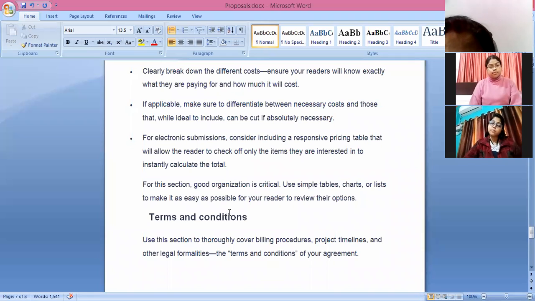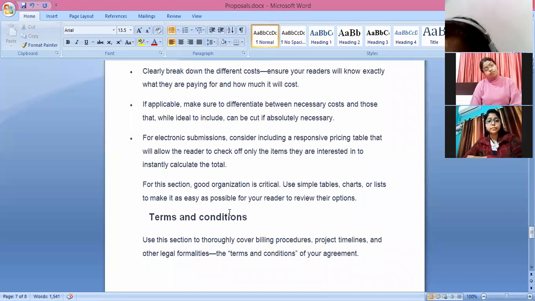And for this section, good organization is critical. Use simple tables, charts, or lists to make it as easy as possible for your reader to review your options. This is what you want in return for your proposal, right? So it has to be very beautifully and effectively laid out in tables.